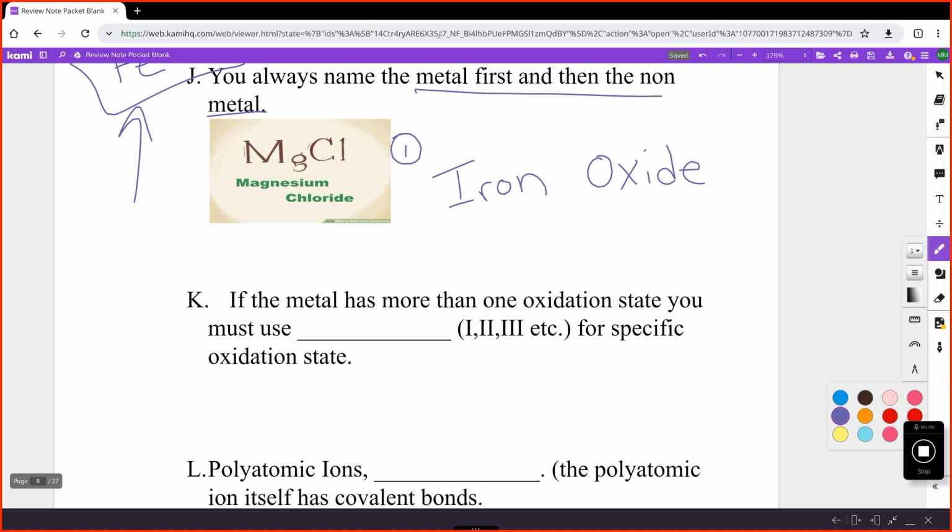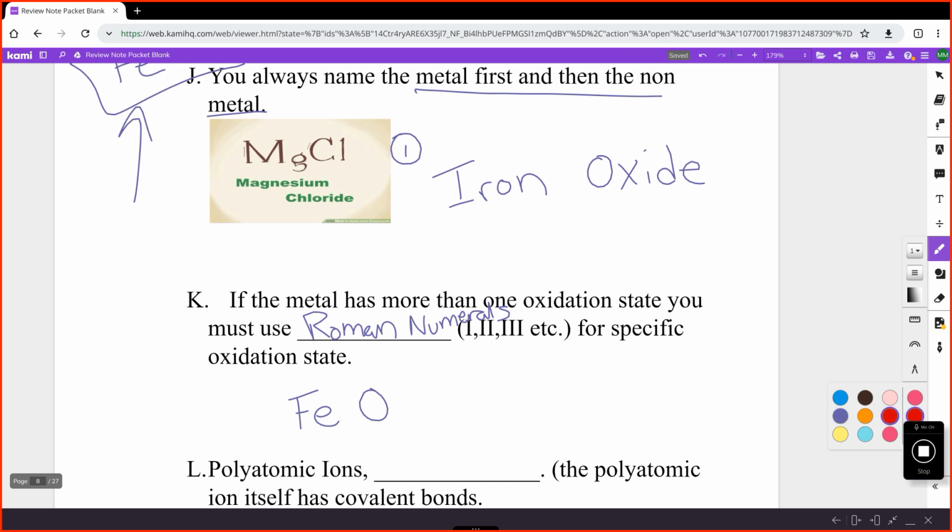Now, if the metal has more than one oxidation state, we're going to have to use Roman numerals for specific oxidation state identification. So we started with iron oxide, but let's go back to our formula, which said FeO.